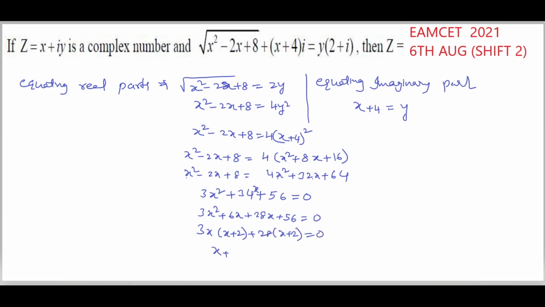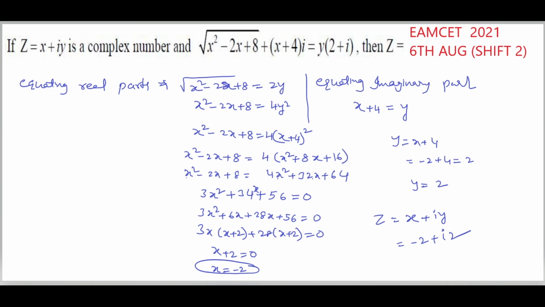From this, x plus 2 is equal to 0, that is x is equal to minus 2. And y is equal to x plus 4, that is minus 2 plus 4 is equal to 2. Y is equal to 2. Therefore z is equal to x plus iy. X is minus 2 plus i into y value is 2.